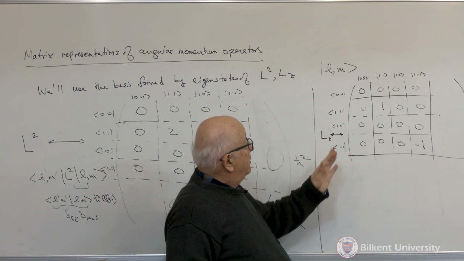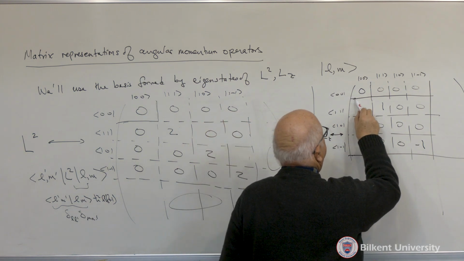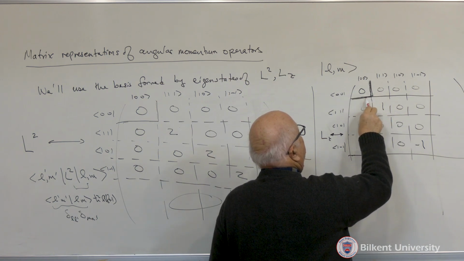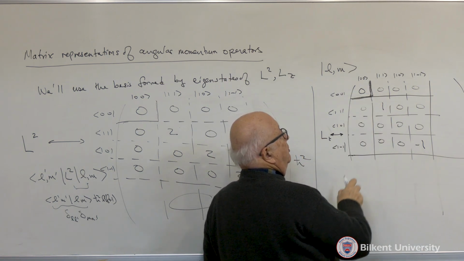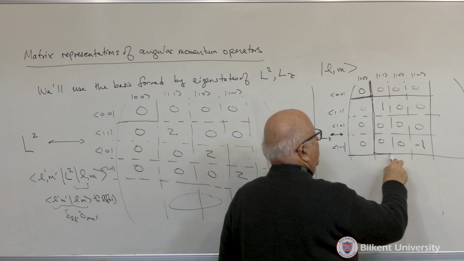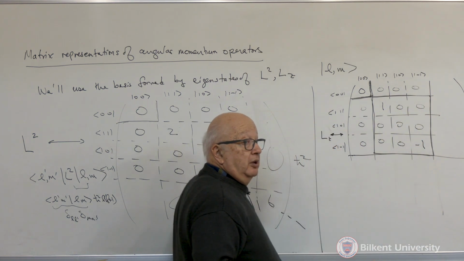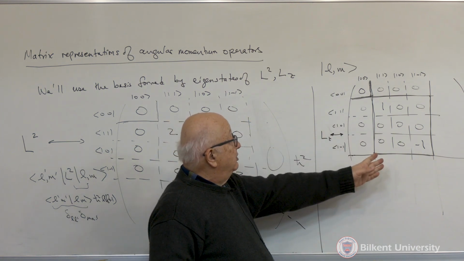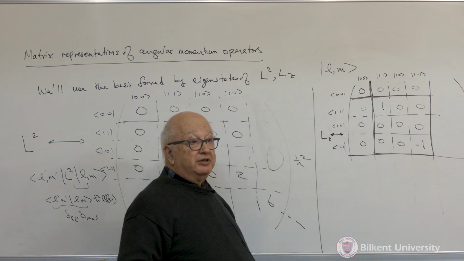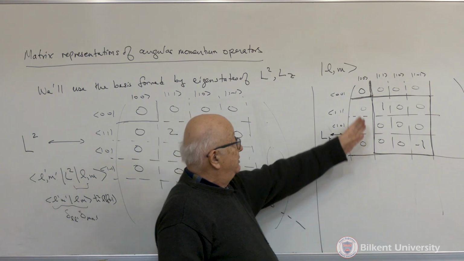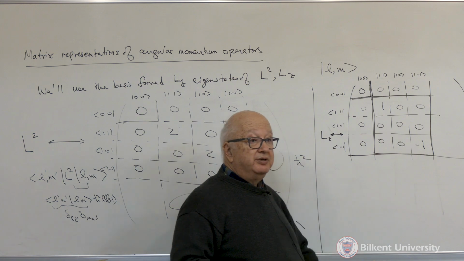So now what I see is that I can talk about these matrices separately. This is the part for L equal to 0. This is the part for L equal to 1. And since they are diagonal, the eigenvectors and eigenvalues are very simple.